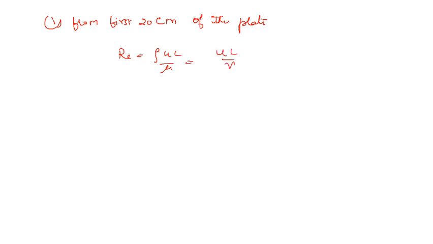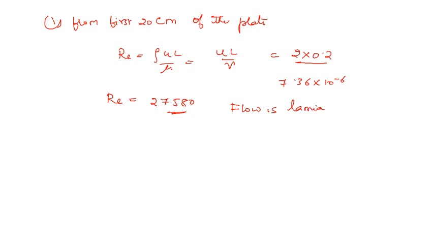So both are correct. If you are using that one, it is 2 into 0.2 by 17.36 into 10 to the power minus 6, and Reynolds number turns out to be 27580. So once again, flow is laminar. Flow will be laminar in this case also.